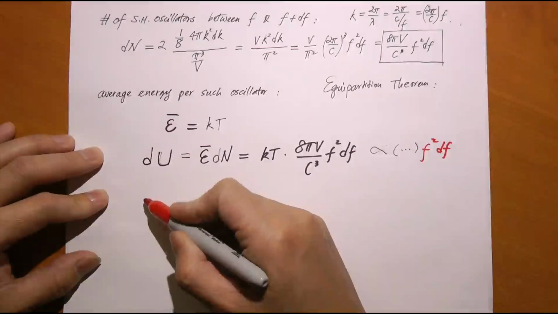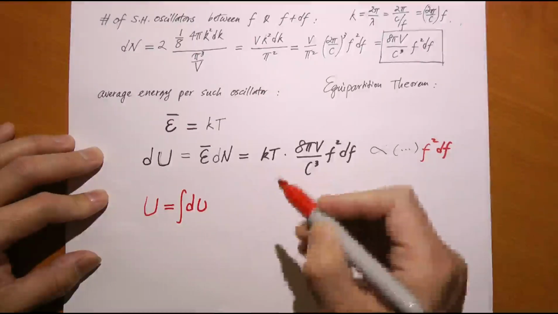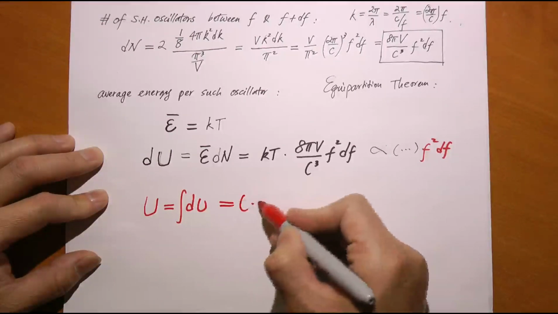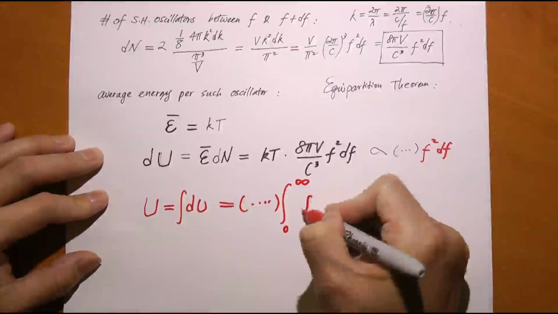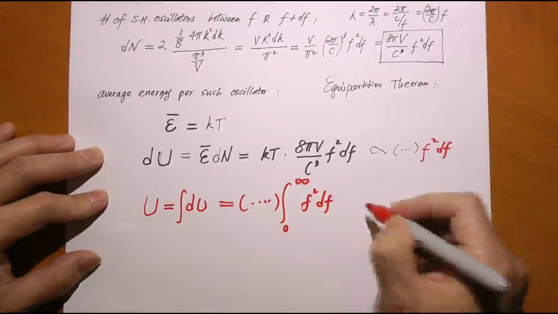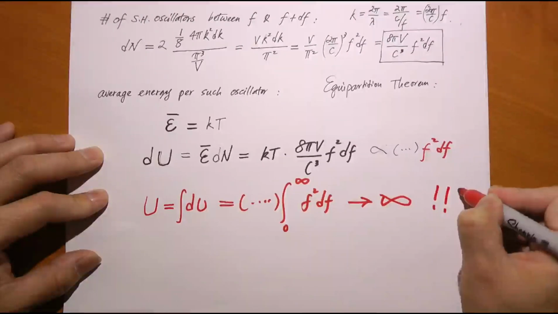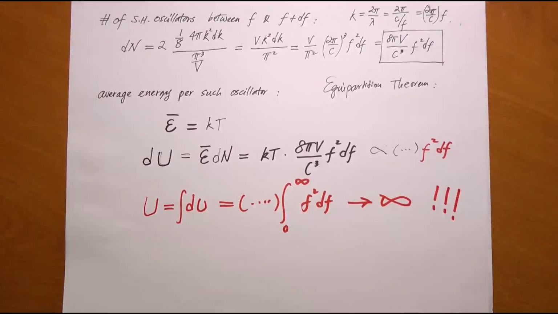The total energy, U, contained in the black body, is the integration of dU. And that becomes whatever constant times the integral from 0 to infinity of f squared df. This integral clearly goes to infinity. A finite-sized black body can contain an infinite amount of energy.